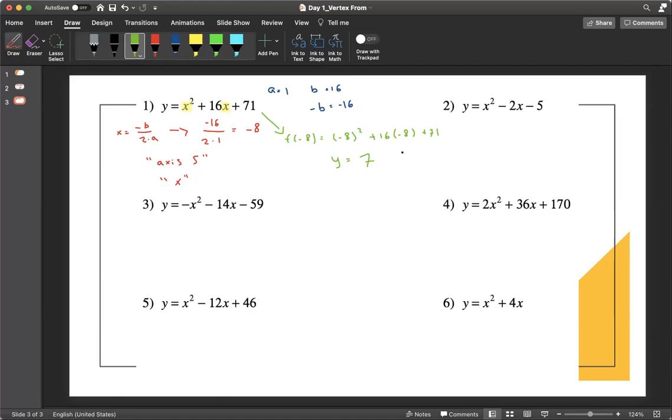And this is also known as the max or our minimum. And because our a is positive, we have a smiley face, and this is the min. So our vertex is going to be negative 8, comma 7.